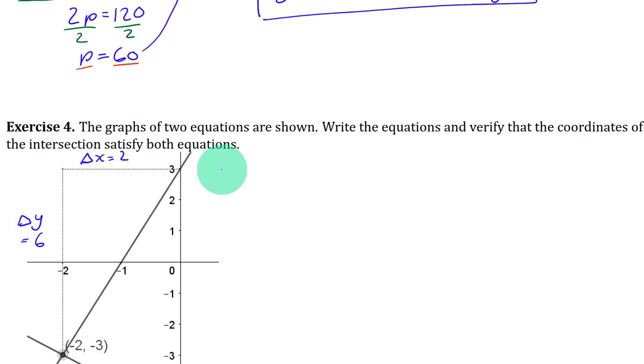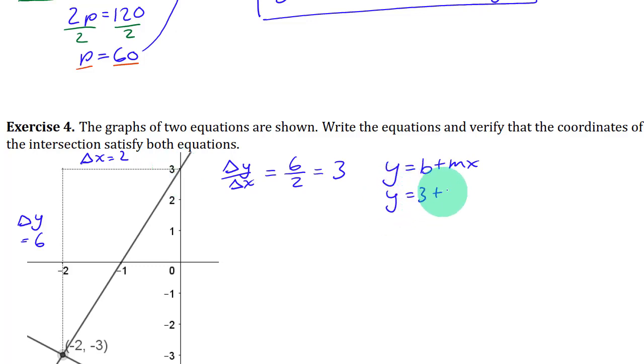So for this one, the slope, the change in y divided by the change in x, should be equal to, let's see, 6 over 2 is 3. So the equation of this one should be y equals, let's do b plus mx. The intercept is b, that should be 3 here. And the slope is also 3. So if you get them mixed up in this case, it's all right. So that should be that first one.